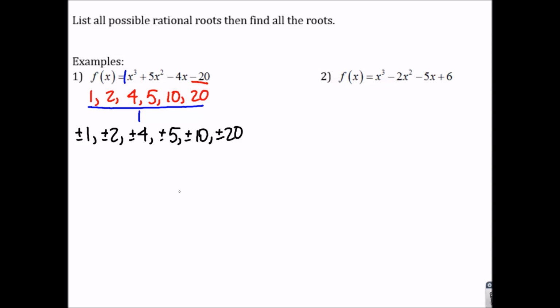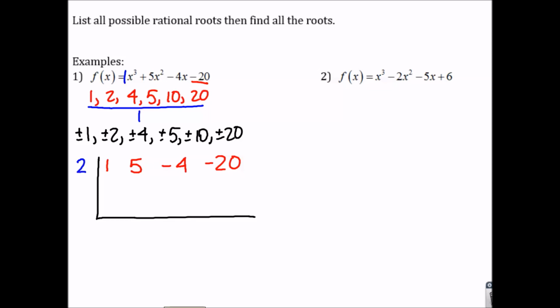So let's set up our synthetic division. Our coefficients are 1, 5, -4, and -20. I'm going to draw my L. And then I need to pick a root that I'm going to use for my first guess. And I'm going to pick 2.